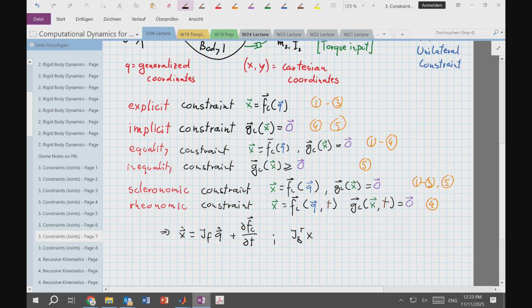So we get Jg transpose times x dot plus the partial derivative of Jc against time. That has to be equal to 0. So here we basically see mathematically what I just discussed: if that implicit constraint changes over time, the trivial solution x dot equals 0 does not fulfill my constraint equations anymore.